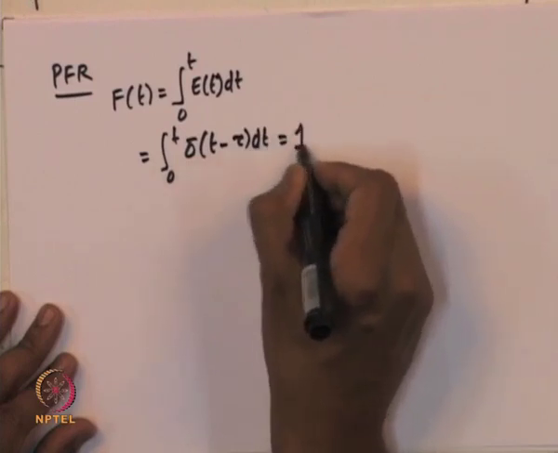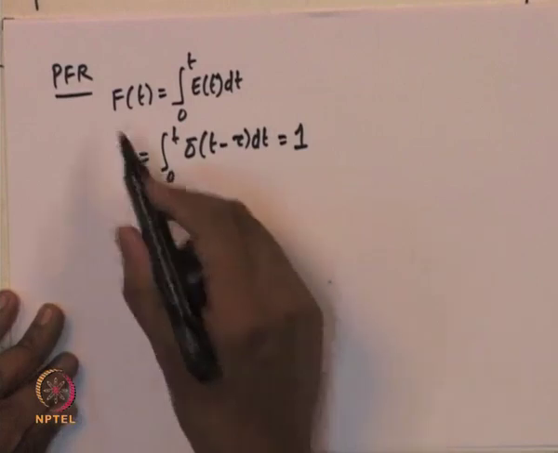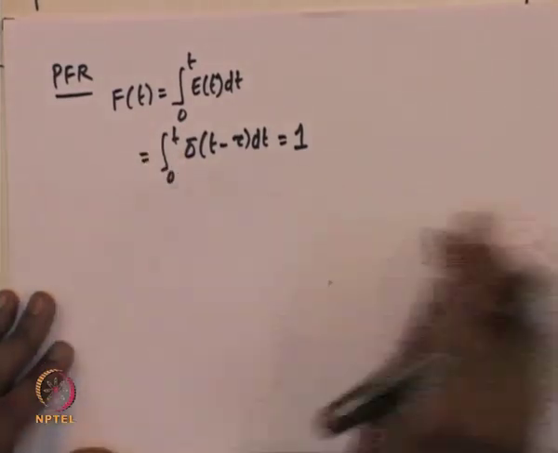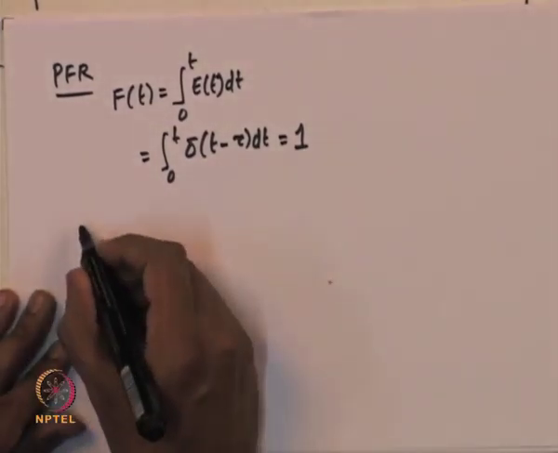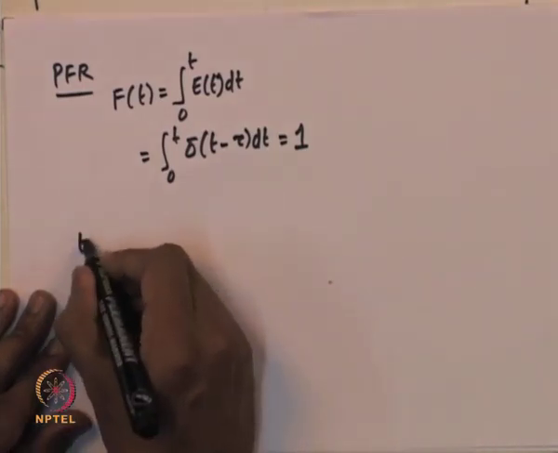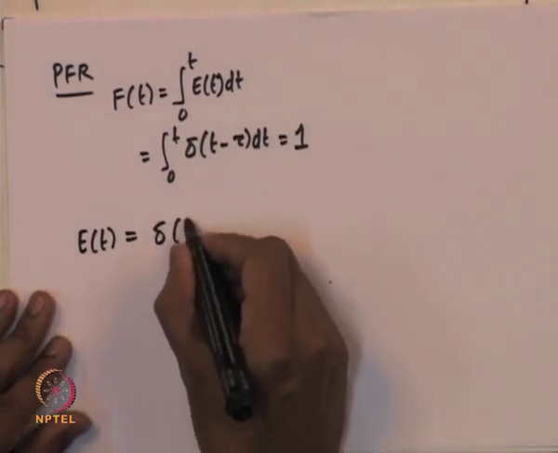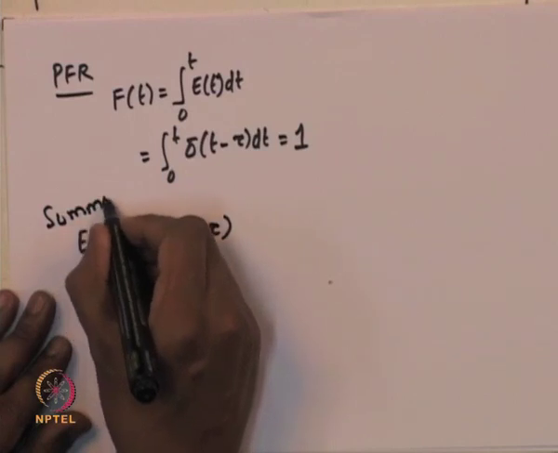We know that this integral is equal to 1, and therefore the F of t curve is nothing but 1. So, to summarize, the RTD function for the plug flow reactor is E of t equal to the delta function of t minus tau.